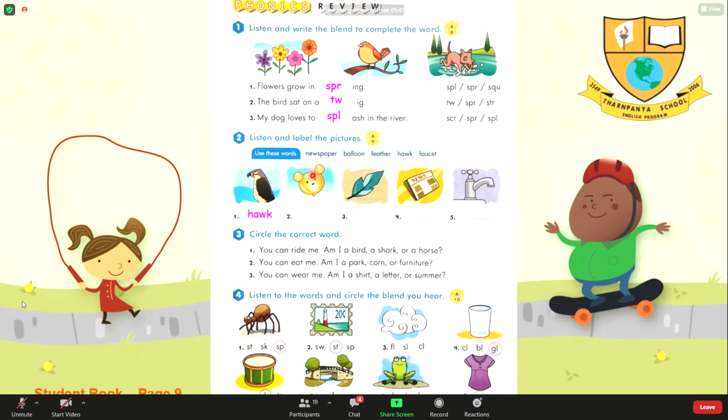What's the name for picture number 2? Balloon. All right. Pay attention to the spelling here. Balloon, double L and double O. And what is this? Picture number 3? Feather. What about number 4?